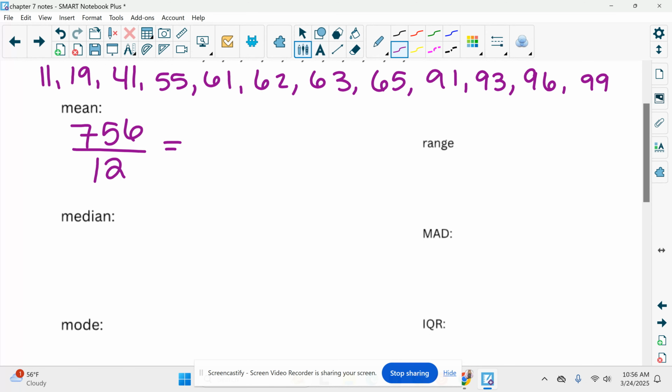So you need to make sure you show your work. So when I divide that out, I get 63 as my mean. Good. Now when I do this problem, what I do is I type in the calculator 756 equals, then I divide by 12. Okay, is that okay to do?